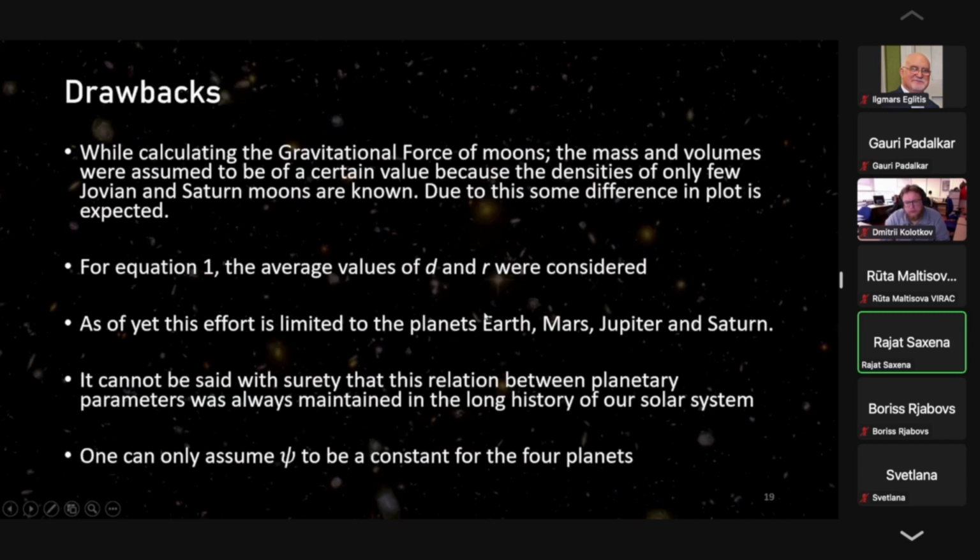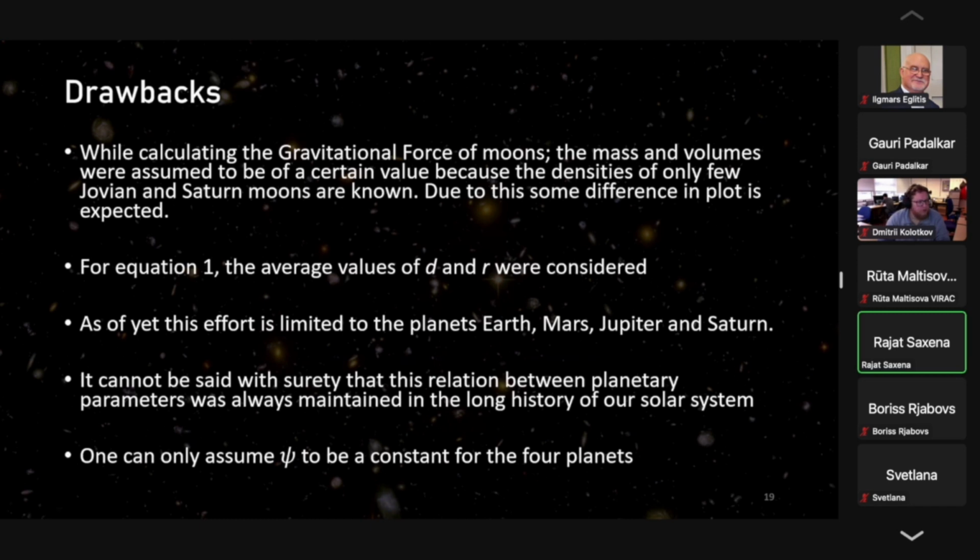Like all theories, even this is not perfect, and we have a few drawbacks. One, not a major one, is that the densities of all moons of Saturn and Jupiter are not known. So for many of the moons, we have assumed the value of the mass and the volume, obviously with a certain error margin.